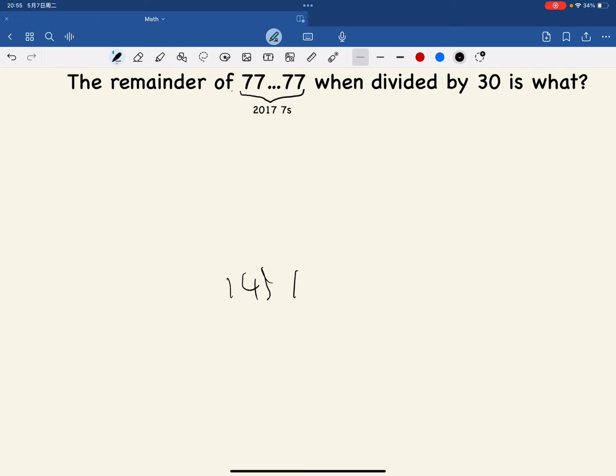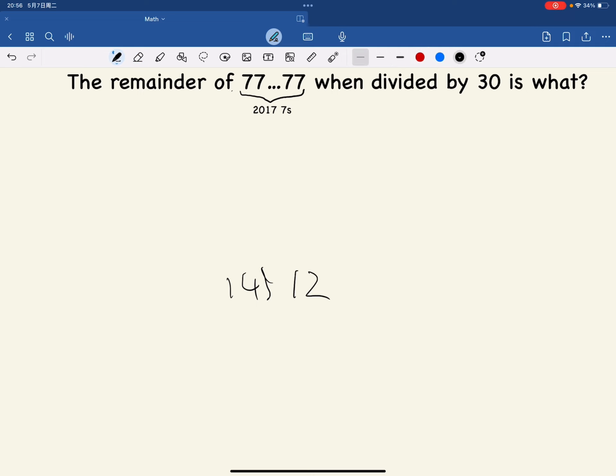If we get rid of that last 7 and turn it into a 0, we would have 7 less, and that would be a 9 minus 7 equals 2. So we put 2 here. 1 plus 4 plus 1 plus 1 plus 2 is equal to 9. And 9 is divisible by 3.